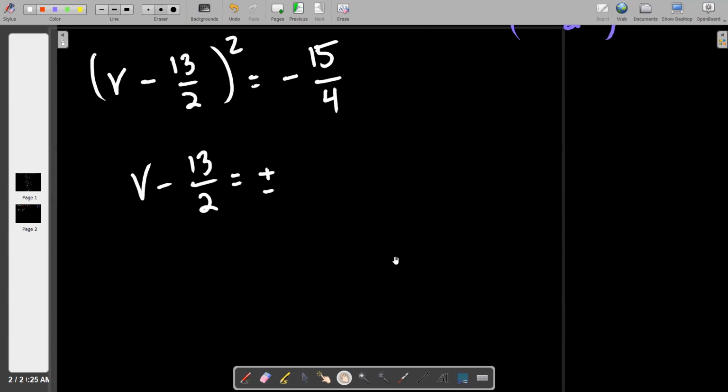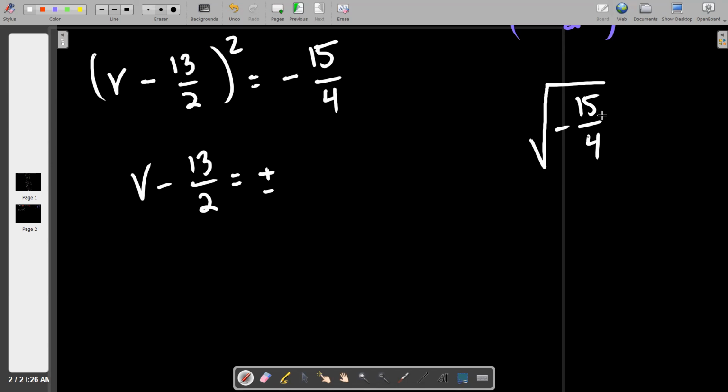Positive, negative. Now I'm going to head over to the side and we're going to talk about how to deal with this. We have the square root of negative 15 fourths. There are 3 parts to this explanation. Part number 1 is the negative. What is it going to produce? The i. What is the root 15 on top going to produce?